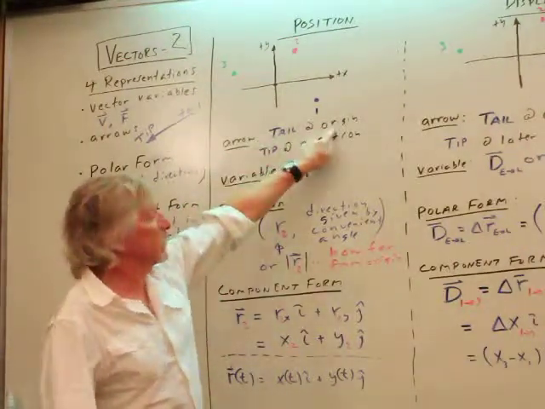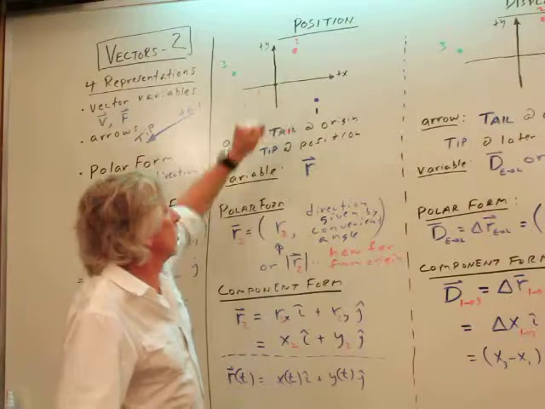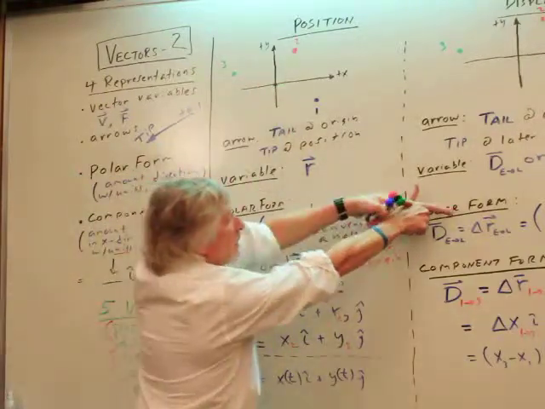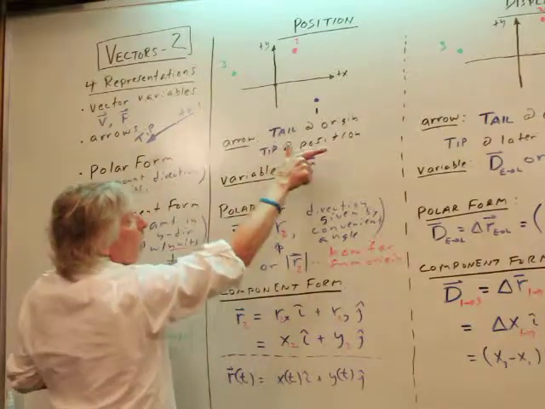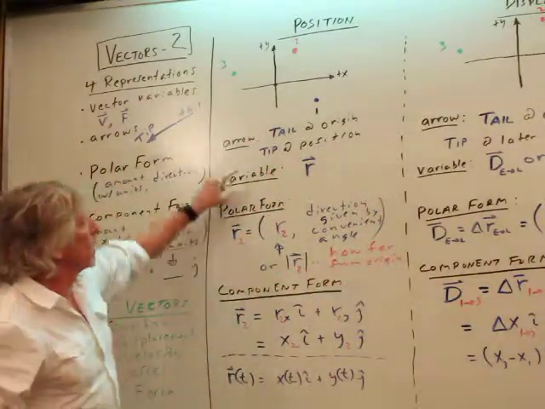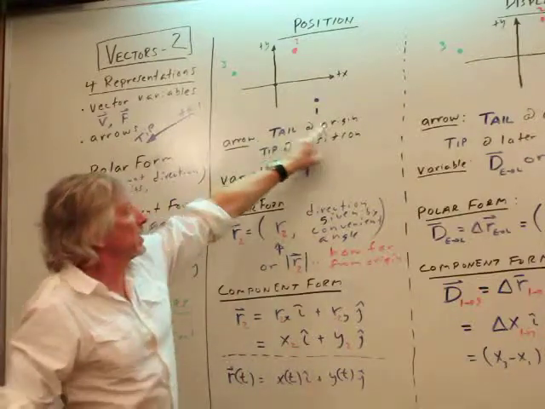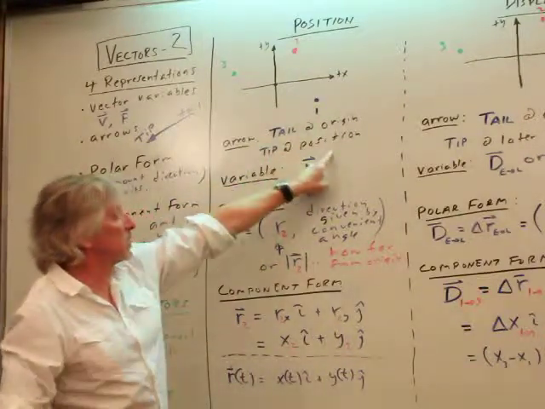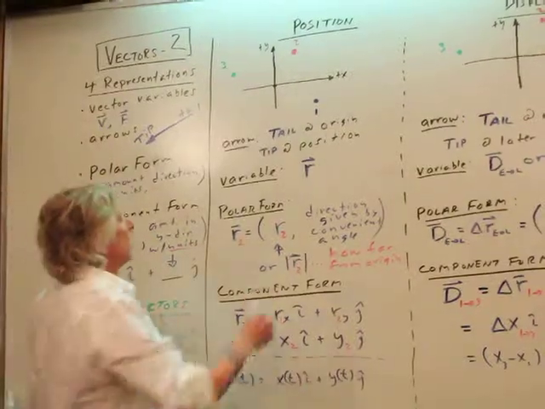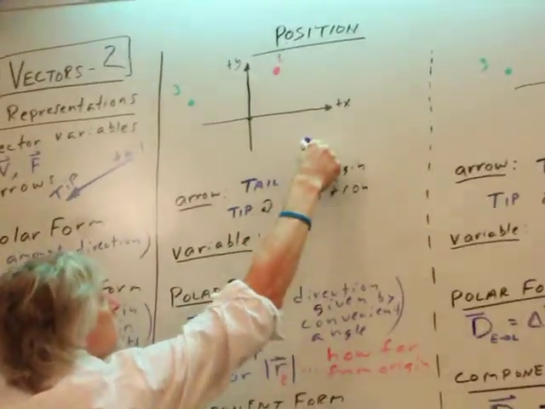Well, the tail is at the origin, wherever you choose. So here's an axis, I could choose the origin right here, I could choose the origin wherever I want, I could choose positive the other way. So once you set that up, fine. The position, the tail is at the origin, the tip is at the position. All right, so let's do that for 1. That would be the tail at the origin, the tip here.